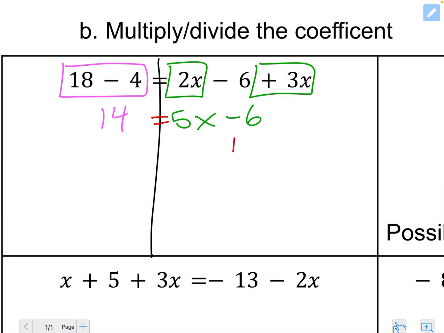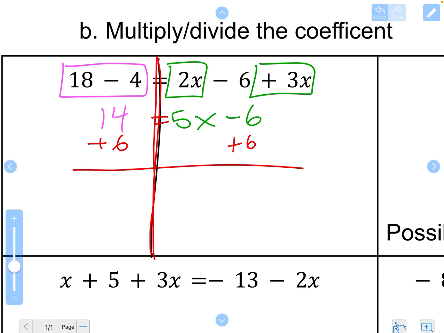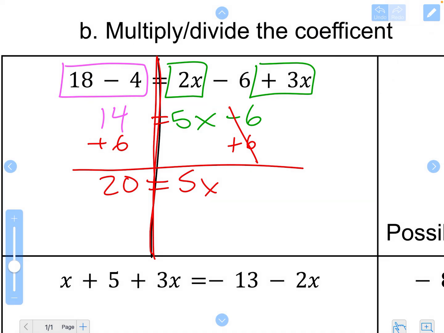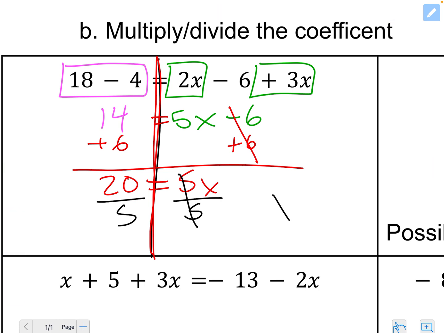So we can add 6 to both sides, because to cross our line that we drew down the middle, we have to flip the sign or do the opposite math operation. So 5x equals 14 plus 6 is 20. And then we need to divide by our coefficient to get x all by itself. And so x is going to equal 4.